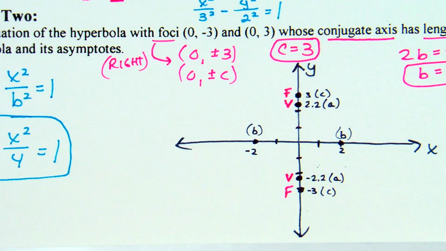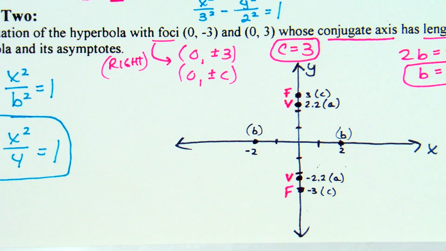Now, the idea here, I guess maybe I shouldn't have actually put dots there, but I did, so it's fine. The idea is your A's and your B's. We're going to use our A's and B's to draw a box that can then help us place our asymptotes through the corners of them.